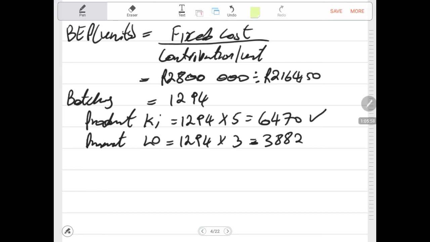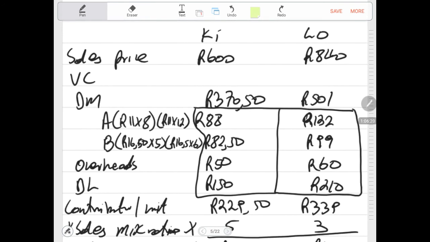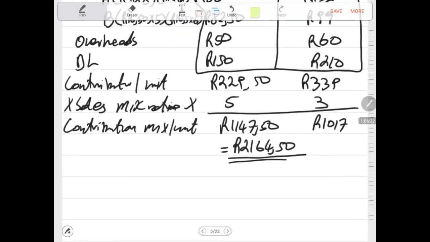Remember, if it sticks in the same ratio, that will be true, meaning in the ratio of every 5 units sold, there will be 3 units that will be sold for product LO. So now this is how you calculate the break-even units when it comes to 2 products. Very important to be able to calculate your sales mix ratio of 5:3.